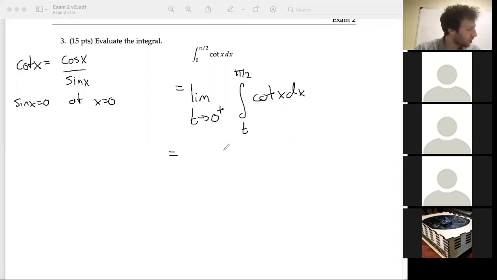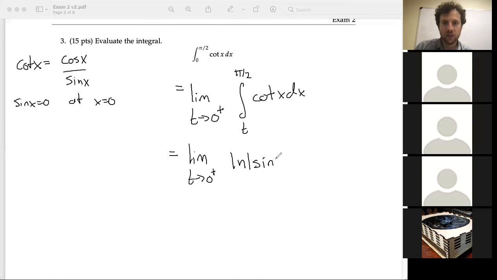And so the integral of cotangent is, so we still have our limit, go to 0 from the right, integrating from t to pi over 2, or sorry, we did the integral, so those are going to move to the other side. So the integral of cotangent is the natural log of sine x. And this is what we're going to evaluate from t to pi over 2.